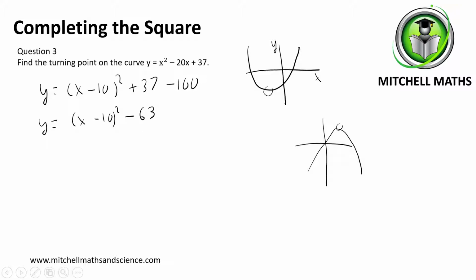Right, so when I'm looking for the minimum point, what I'm trying to do is make the y value as small as possible, because as you can see from this graph, the y value needs to be as small as possible. Anything from this bracket is good, because this bracket is squared. When you times a number by itself, if it's a negative number, it's going to be positive, because when you times a negative by a negative, you get a positive.